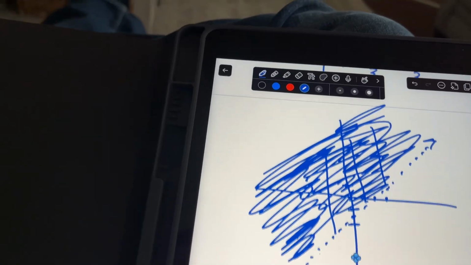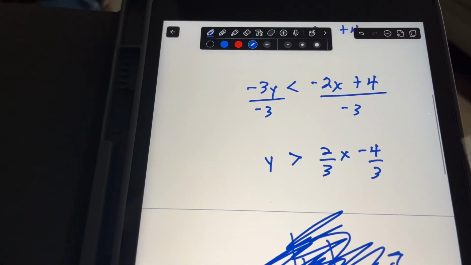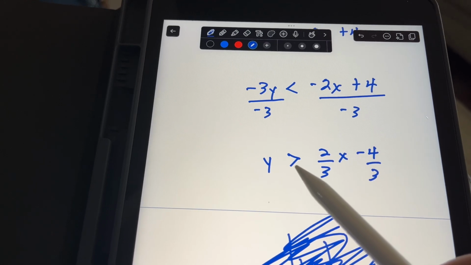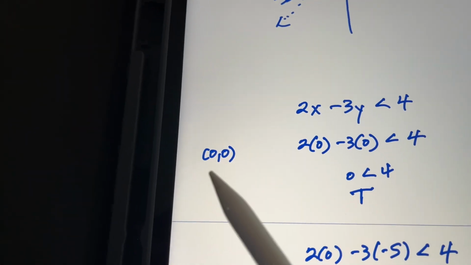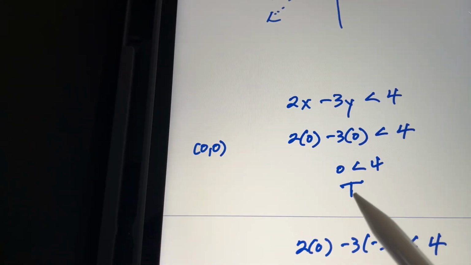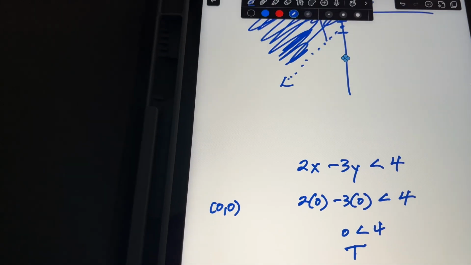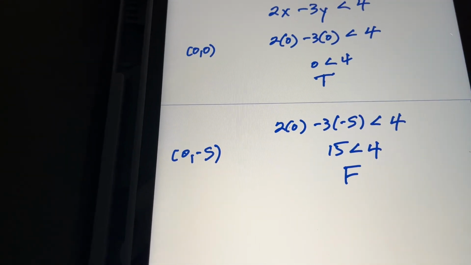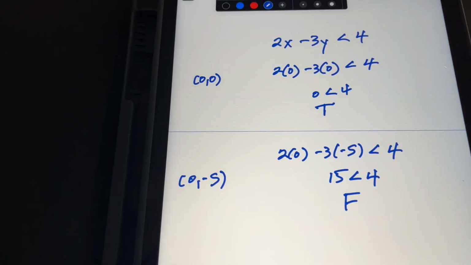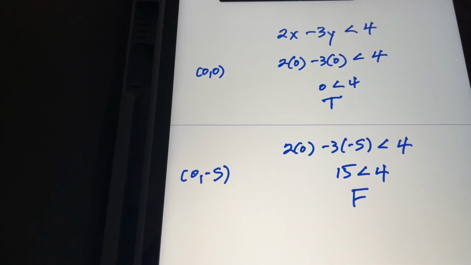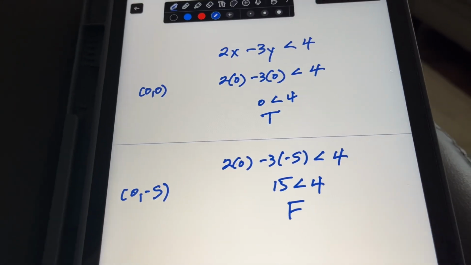So what I'm saying is this: we would shade above the line based on this. We would also shade above the line based on the test point 0, 0 because it proved true, so we shade up. And then we would also shade above the line with this test point because it proved false. So we don't shade down, we shade up, which is in the other direction.